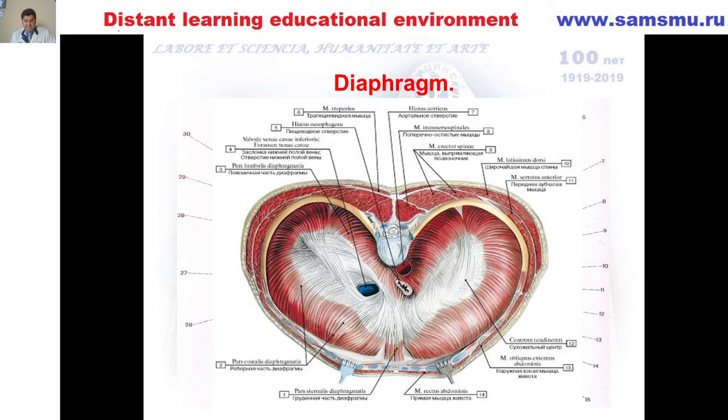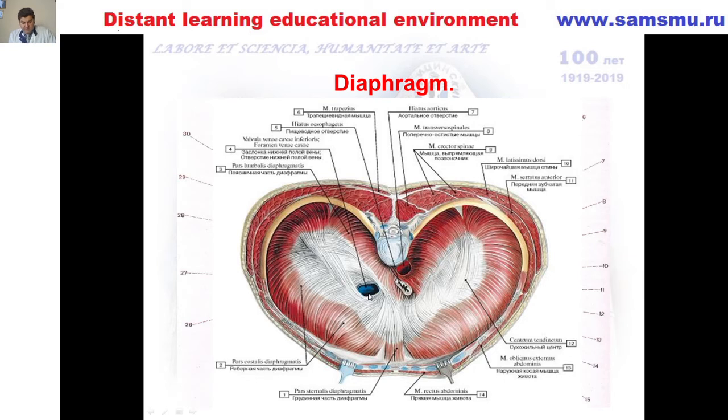A little to the back and to the right of the middle, there is a quadrangular opening on the central tendon, foramen venae cavae, which you may see in blue, which transmits the biggest vein, the inferior vena cava.